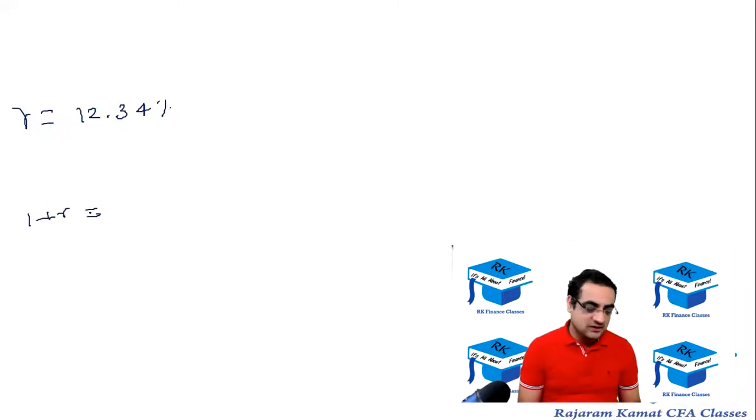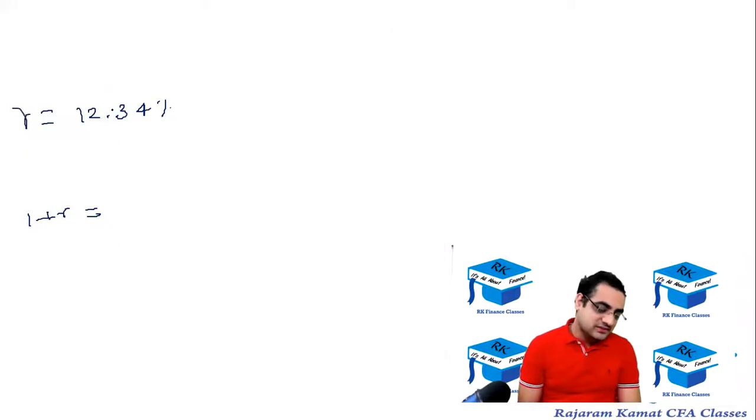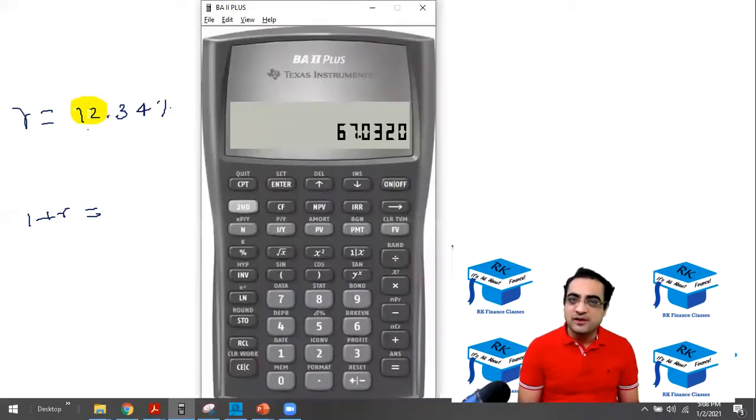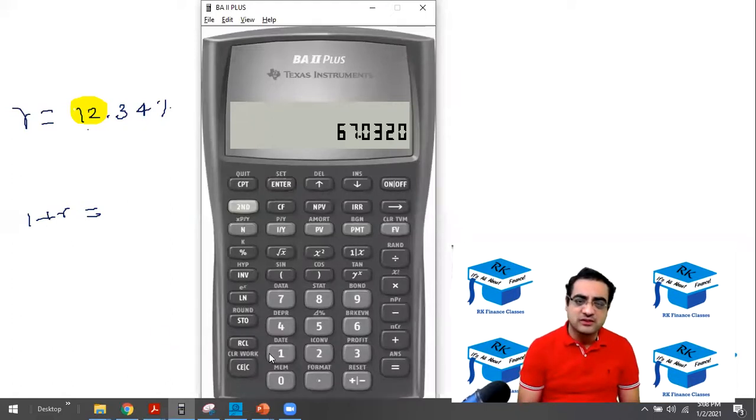How to do that? Okay, let's look at it like this. Everyone knows what is 12% plus 1. 12% is 0.12 and plus 1 is 1.12. So press 1.12 and then what is after the dot? 34. So it would be 1.1234.